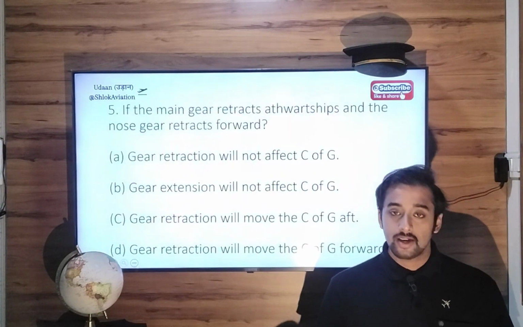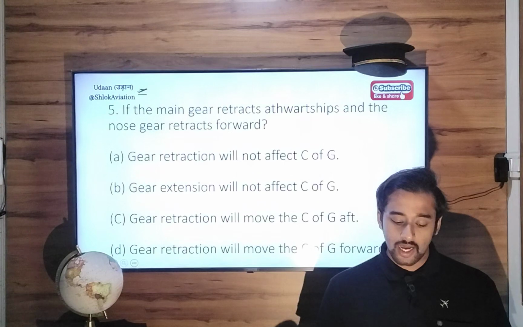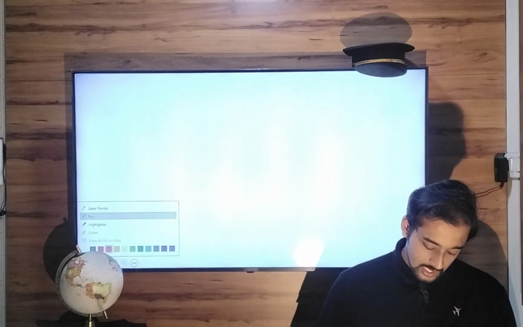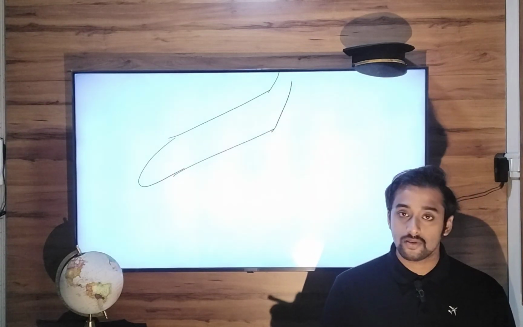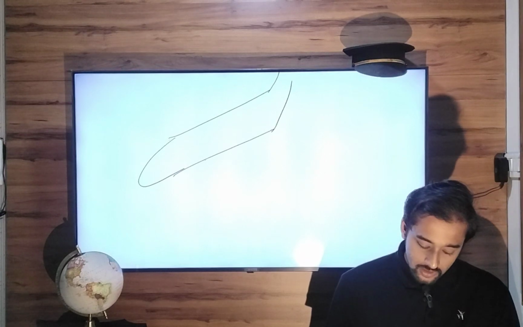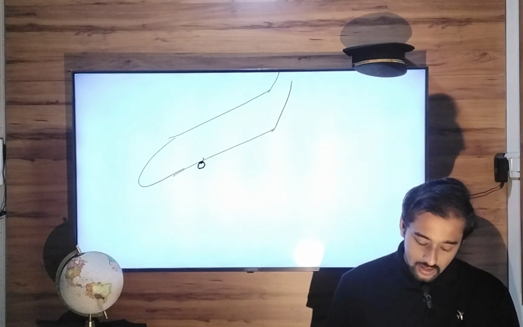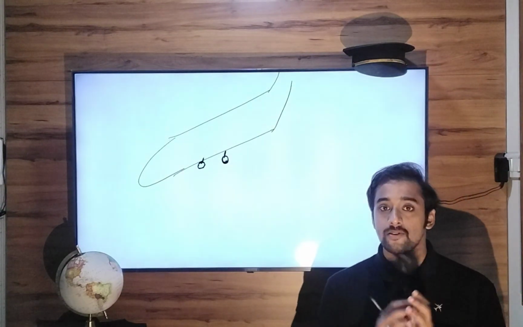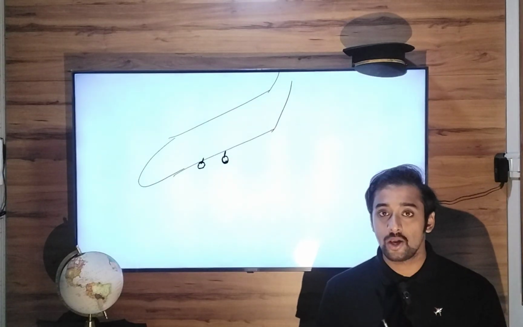Question 5. If the main gear retracts athwart ships and the nose gear retracts forward, what will happen to the position of CG? Now let's say this is your aircraft. The main landing gear of this aircraft, after taking off, will go inside the fuselage, in the belly of aircraft.